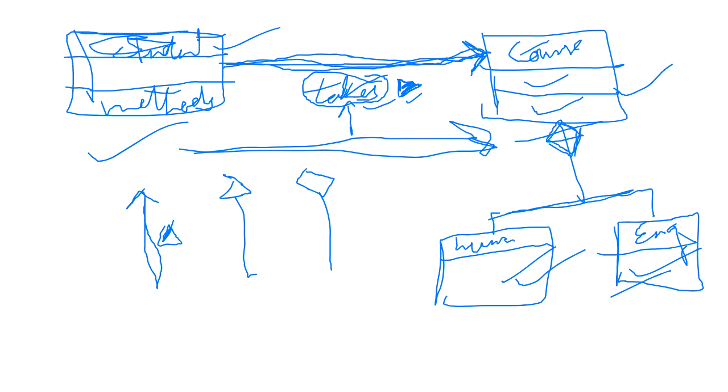Even if the parent class is destroyed, the child class will remain. Yes, Tanu, right. It means that even if this parent class course is destroyed, then also the humanities class and engineering class will exist. This is what aggregation is, as we discussed in the last class.